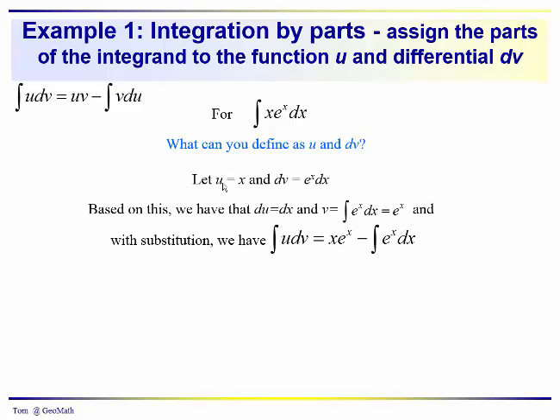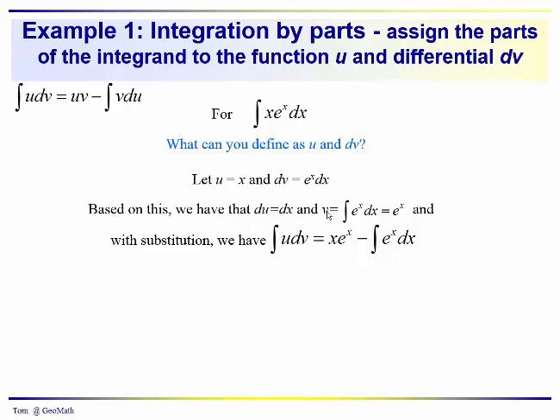And let's say you picked u equal to x and dv equal to e to the x dx. At this point we have to say, okay, what's du? Well, du is just dx. And then we have to determine what v is here.